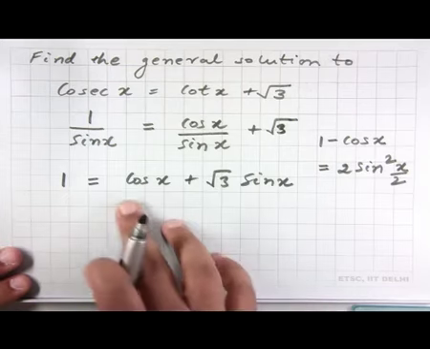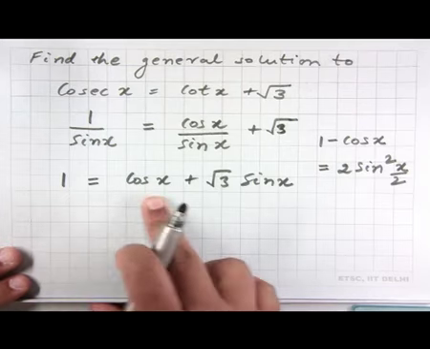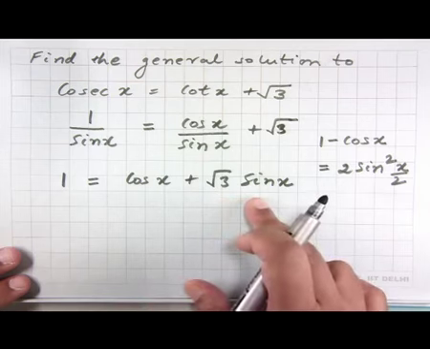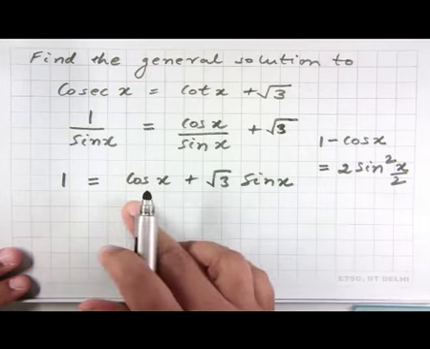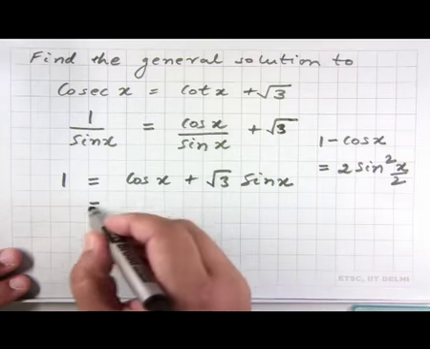So, this probably is of the form a cos x plus b sin x, and then we had discussed in one of the previous lectures how to simplify that.